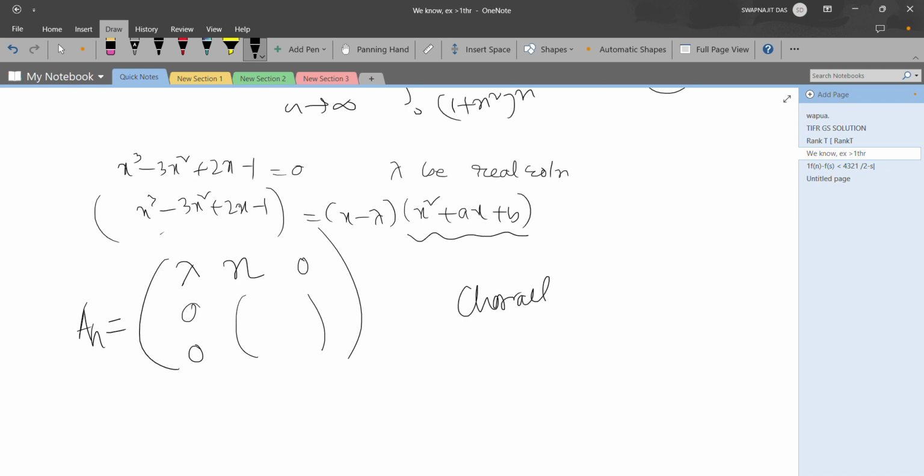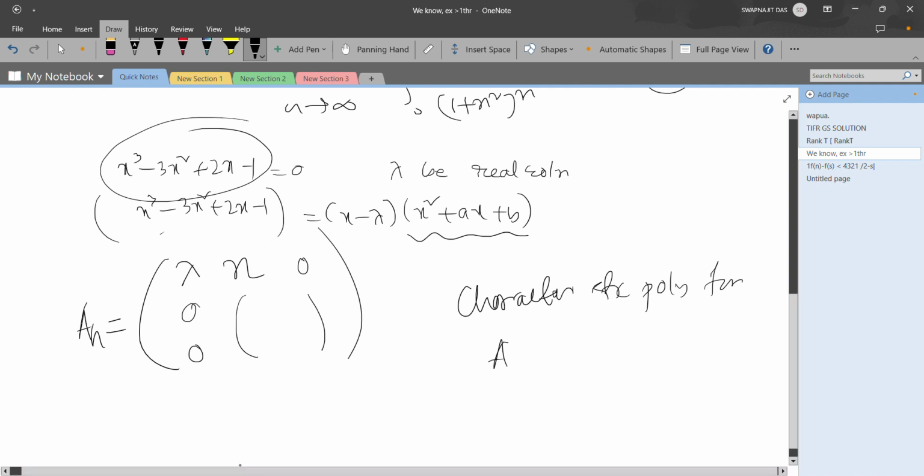Then you can say this is A. Then you can check that the characteristic polynomial for A is this one, right? I am taking n here, you can take any n.